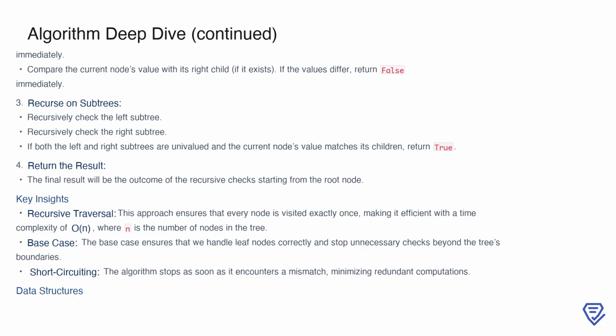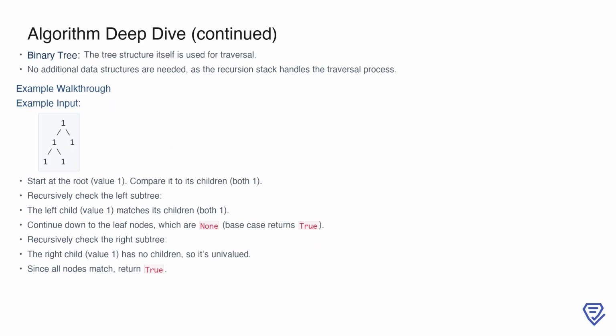Lastly, the use of short-circuiting means that as soon as we encounter a mismatch, the algorithm terminates early, saving computational effort. This makes the solution both efficient and elegant. The recursive DFS algorithm relies on the tree structure itself for traversal, meaning no additional data structures are required. The recursion stack handles the process of visiting nodes, which keeps the implementation simple.